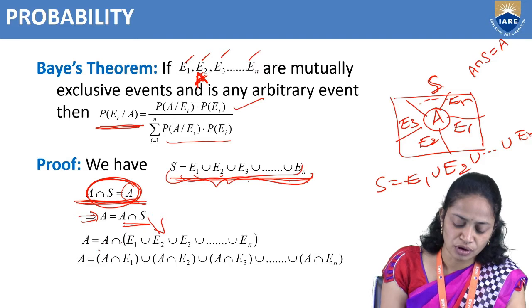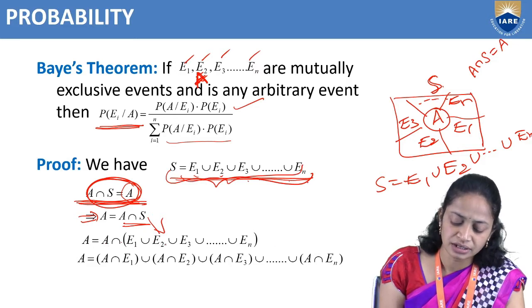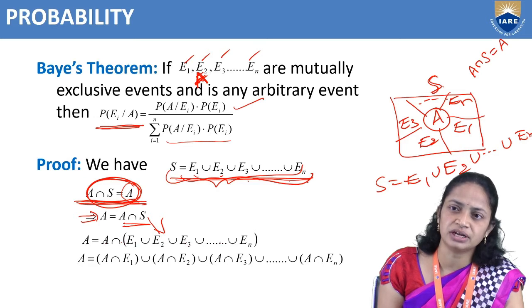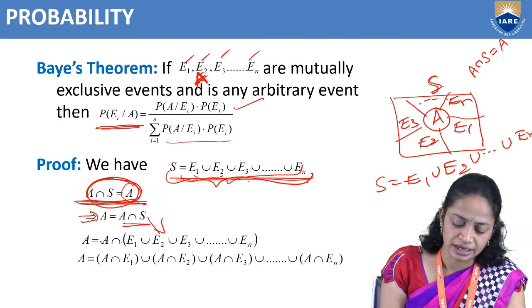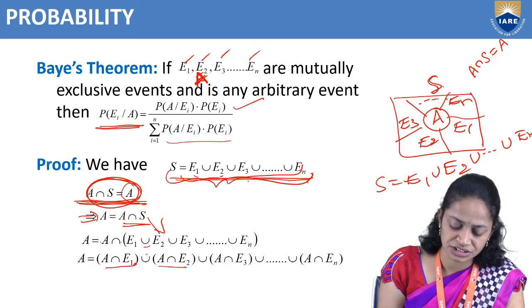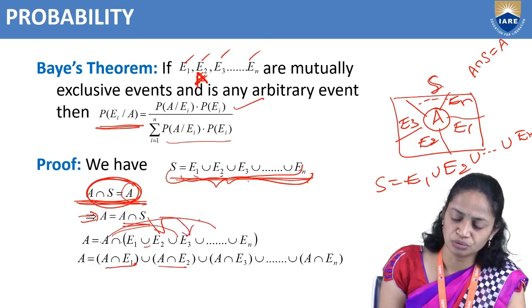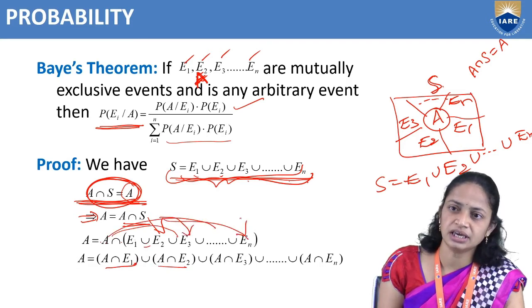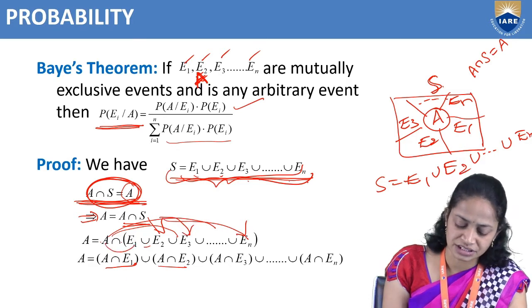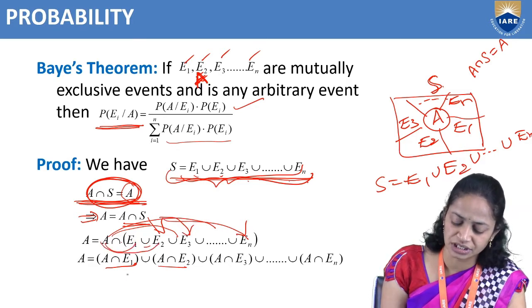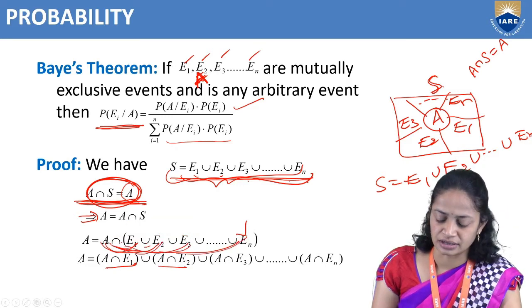But we know that A intersection (E1 union E2 union E3 and so on union En) equals A intersection E1 union A intersection E2 union A intersection E3 union and so on A intersection En.